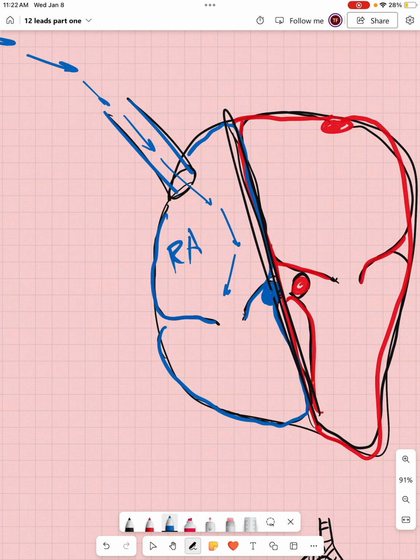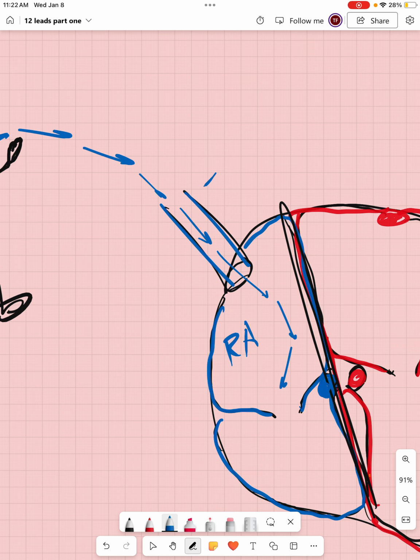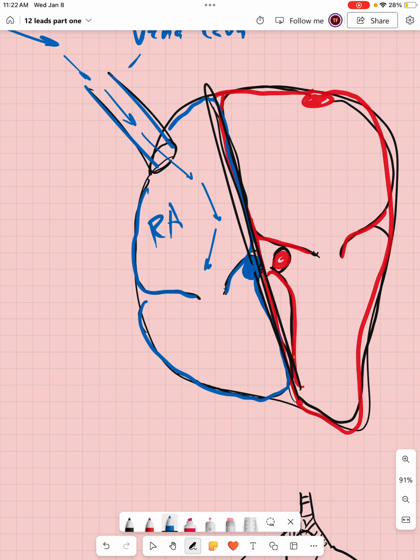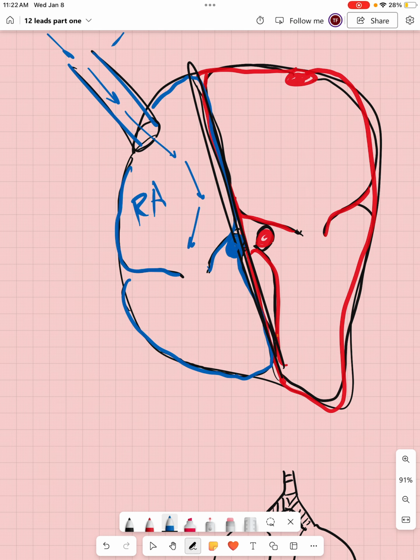And so they are going to do that by supplying the right atrium through the vena cava, the largest vein in the body, and that's going to descend into the right atrium.